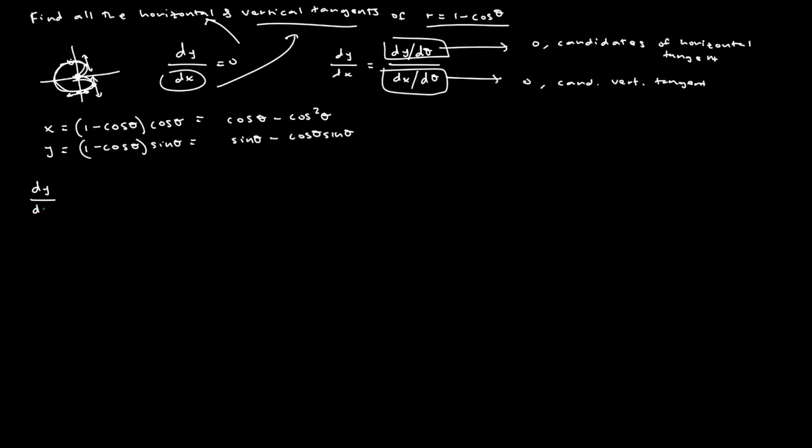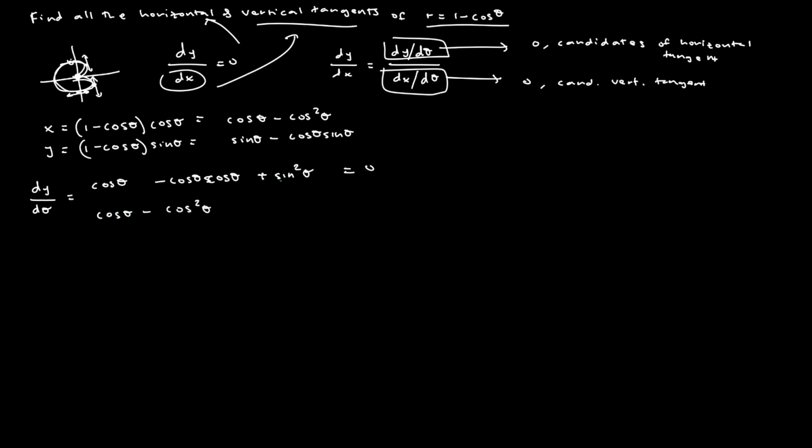So the first thing we need to do is find dy over d theta, which is going to be cosine theta, and then we have to use the product rule on this side: minus cosine theta times cosine theta, and then the derivative of minus cosine theta is just sine theta, and then times sine theta will give us sine squared theta. And we need to find when this is 0. So we have cosine theta minus cosine squared theta.